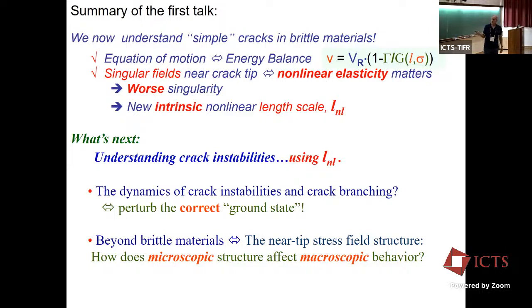Now, the difference between where this breaks down and the tip of the crack is actually only a few microns. It's not huge, because everything is becoming more and more singular. So the distances are not great, but the effects are.